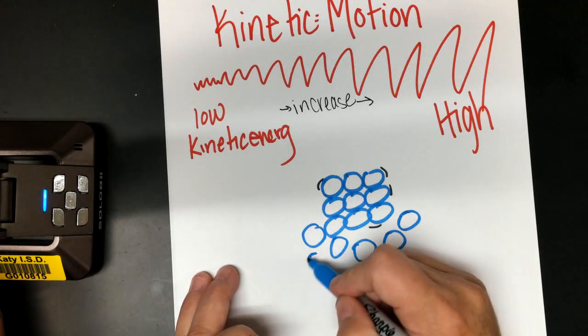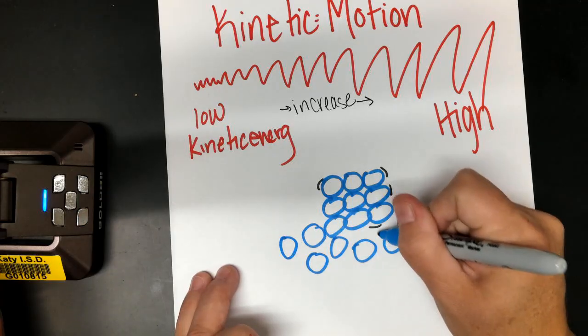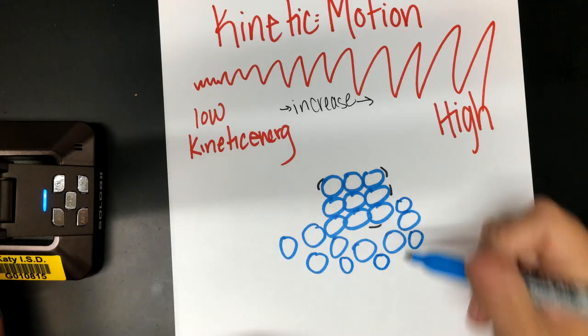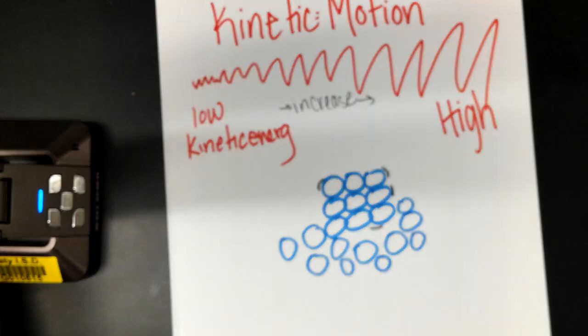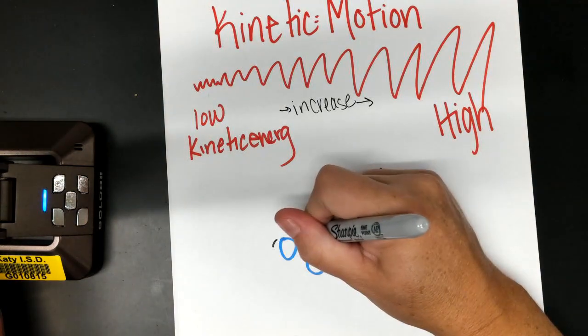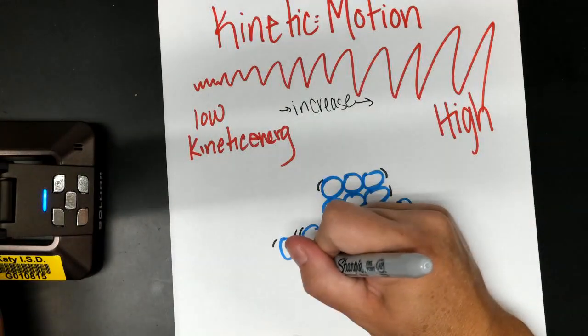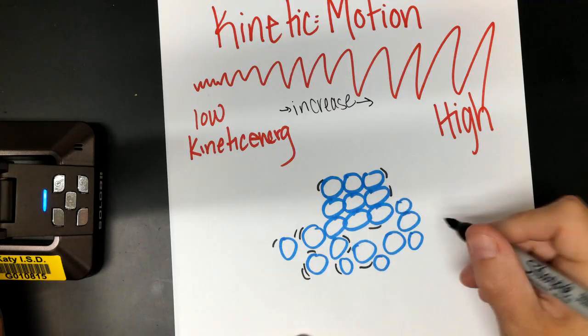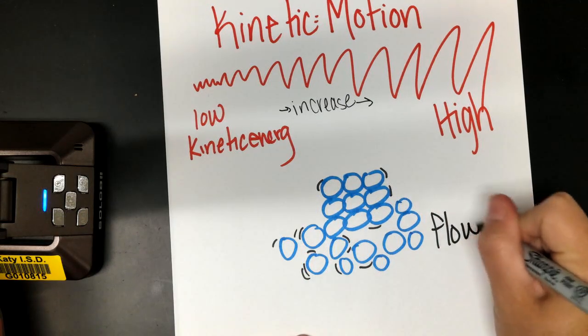The molecules start to spread out because they have a little bit more kinetic energy. They're moving a little bit more, and you get a liquid. Instead of just vibrating in place, the molecules flow around each other.